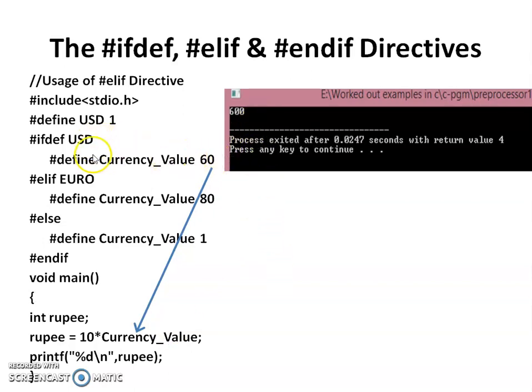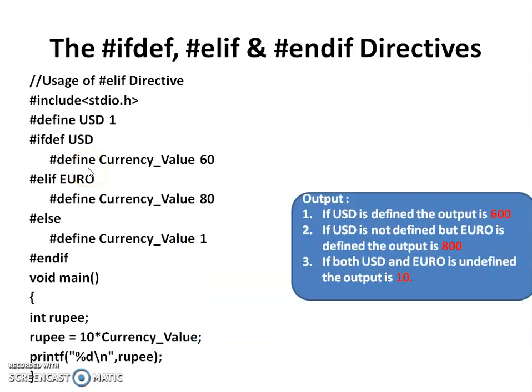So instead of defining USD, let's define the euro value. If I define euro value as something like 1 there, or maybe 2, anything is true for it. If I define euro as 1 there, and I have not defined USD, then that is false here, then it is checking for the euro.